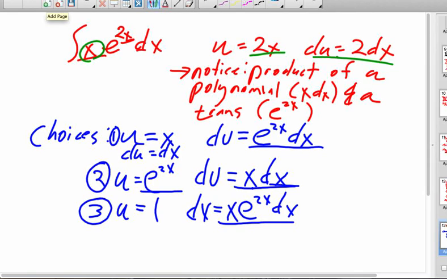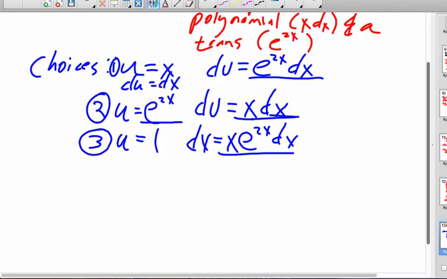Now let me tell you, if you get down and choice 3 is your answer, this is either a u sub or integration by parts or a basic integration rule. And it means you didn't check very well. So it's always good to at least take a look at this one.